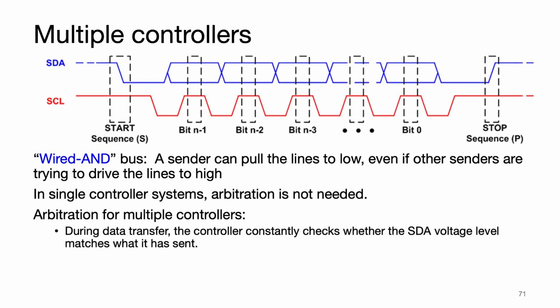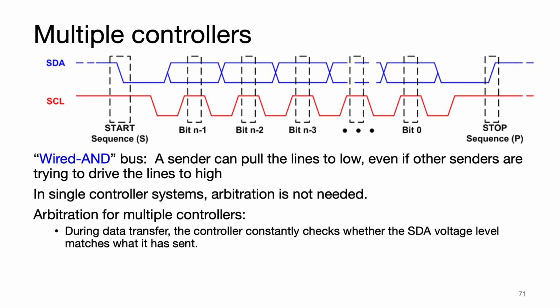And if you're going to do that, the controller is going to pull down the SDA data line, and it has to check to see if the data on the line is what it actually meant to send.